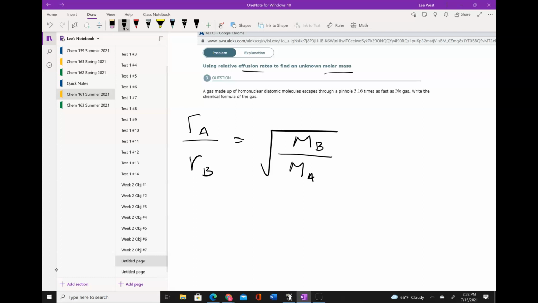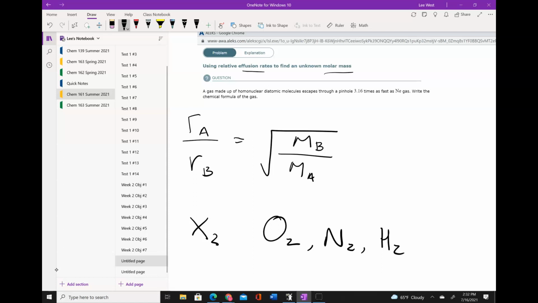It says a gas made up of homonuclear diatomic molecules. What that means is that one of our gases is going to have a formula like this, something like O2 or N2 or H2.